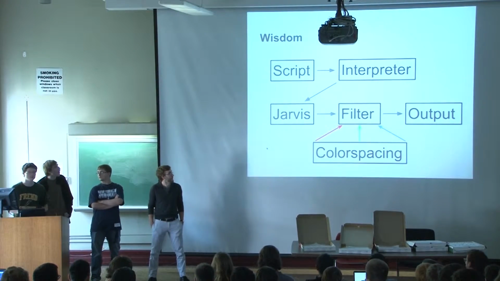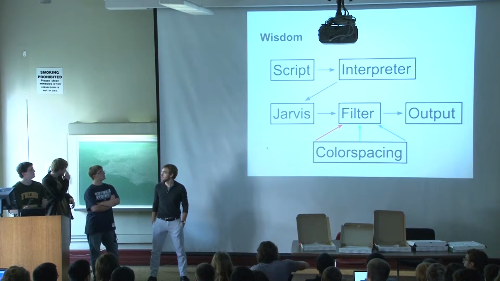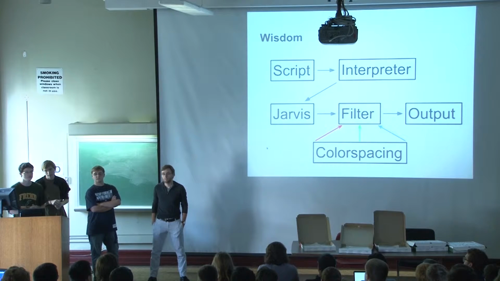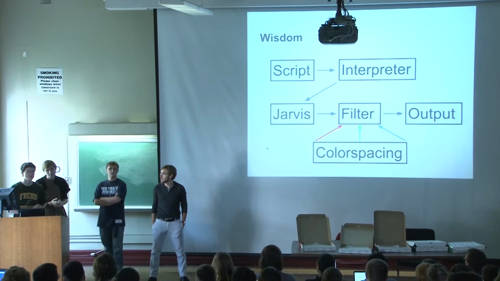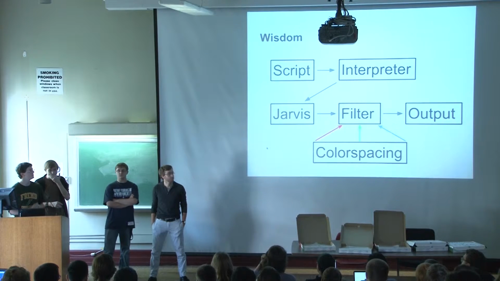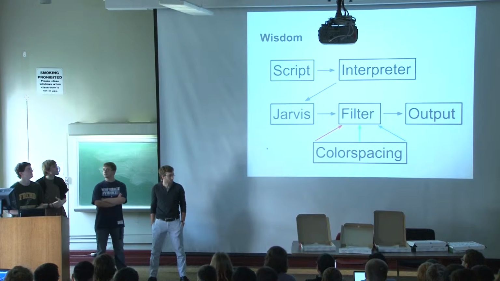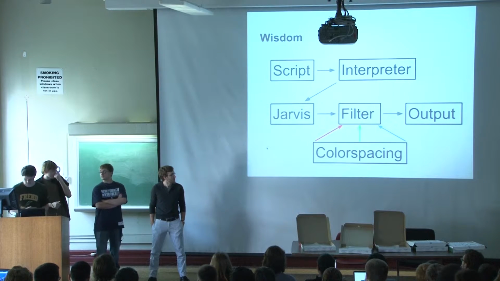It reads the script, figures out what you want, and sends commands to the Jarvis library, which is sort of the core application that handles everything. Jarvis talks to a bunch of filters, which draw some of their functionality from the color spacing library. And then all the filters work together to produce your output, which is hopefully a better video than the input video.